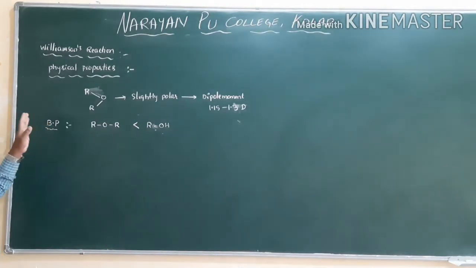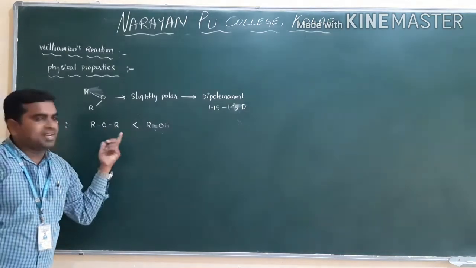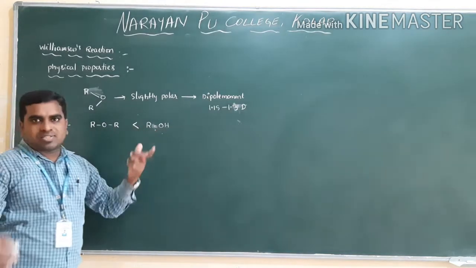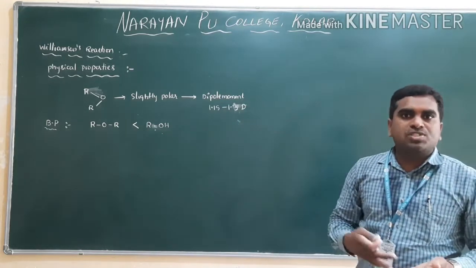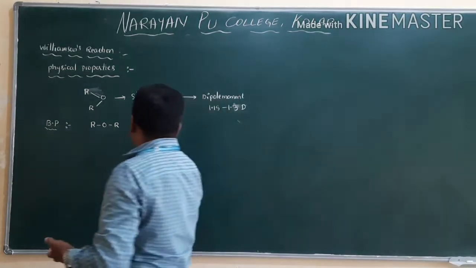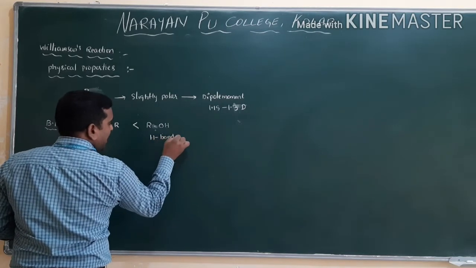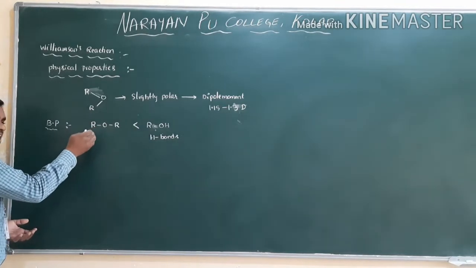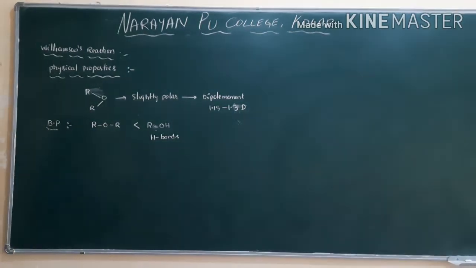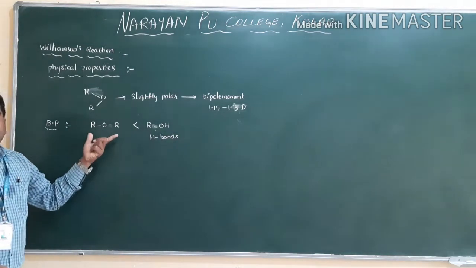Alcohol will have higher boiling points than the ethers. You already know why, because alcohols can form intermolecular hydrogen bonds. Due to the intermolecular hydrogen bonds in alcohol, alcohol will have higher boiling points than the ethers. Clear?